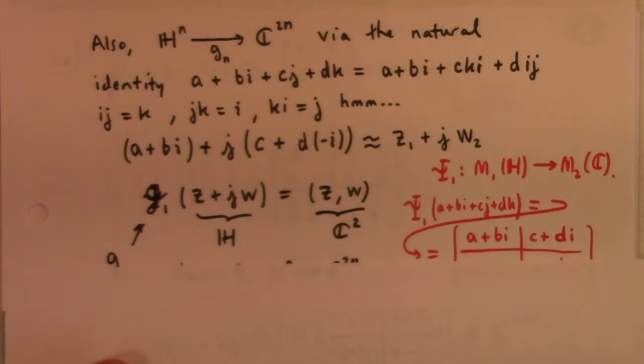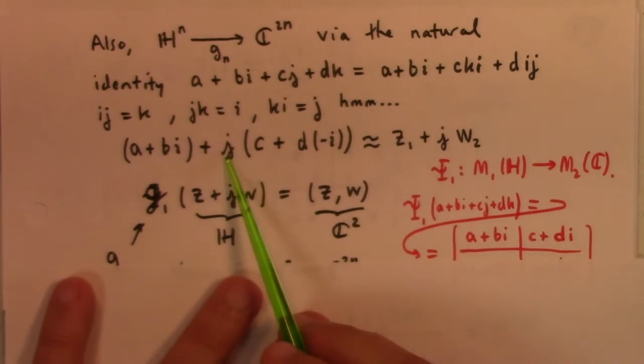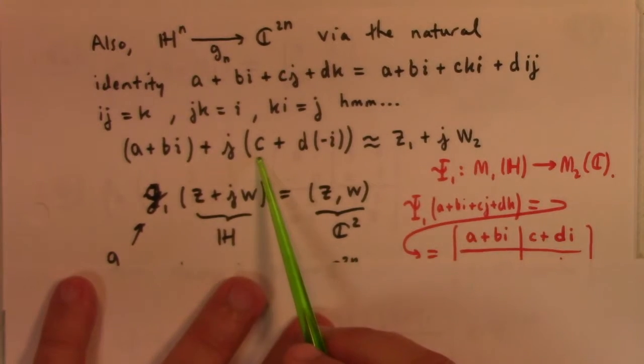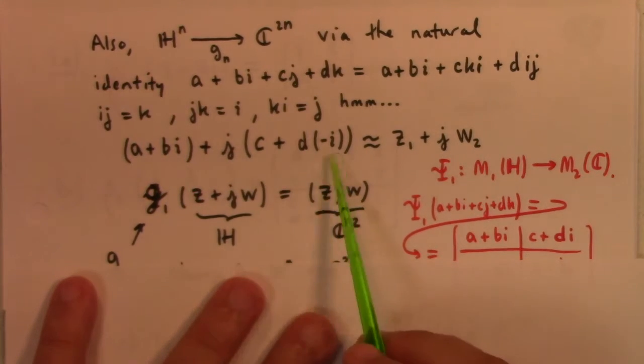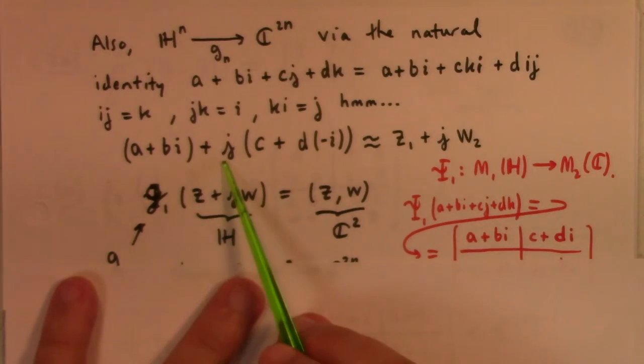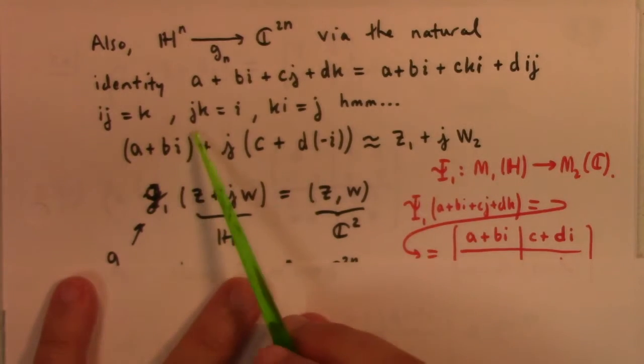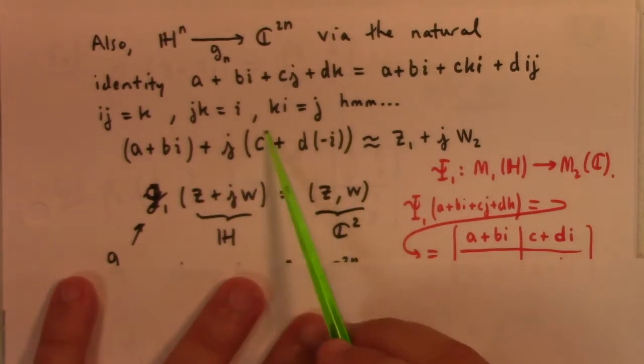So a plus bi plus jc, and then I can swap out the k for minus j times i, right? And so then what I have is, this is like one complex number, this is like another.